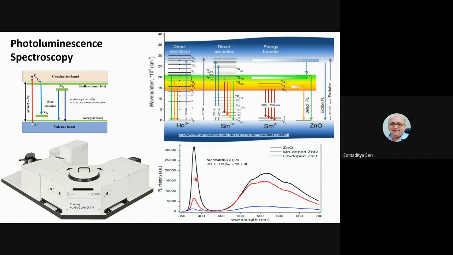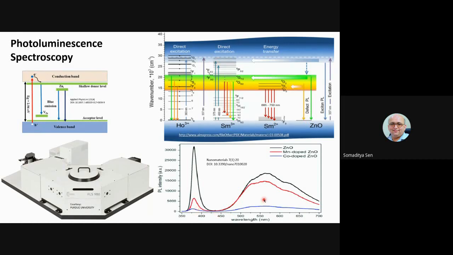Okay, now when you dope these things, you can see that there are changes in the NBE. This is called the near band emission. Okay, I'll come to this later on also. But along with that, you can see that some other light is coming out. And this other light is not due to a clean crystal. If you have a clean crystal with no defects, you're not supposed to get any emission other than the band gap, right?